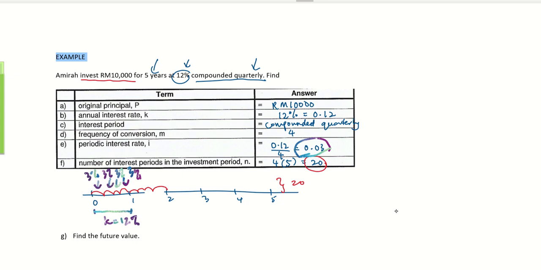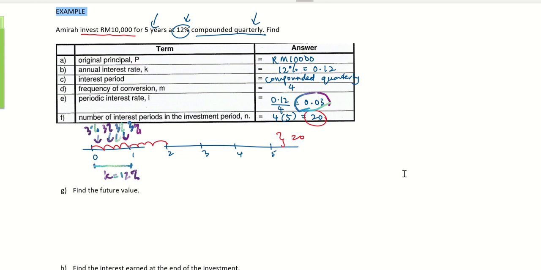We move to the next question. Find the future value, which is S. So we use the formula S equal to P times (1 plus I) to the power of N. P given here is the invested 10,000, so 10,000 times (1 plus I). The I we calculated is 3% or 0.03, to the power of N, 20.